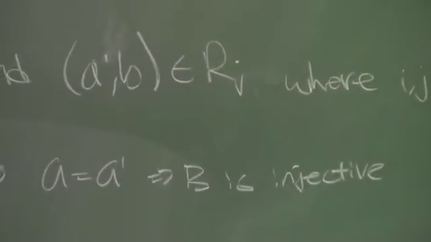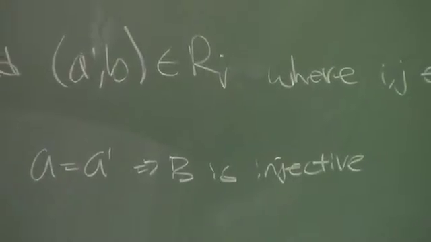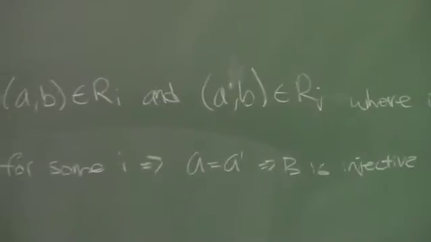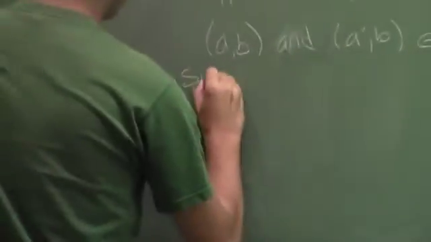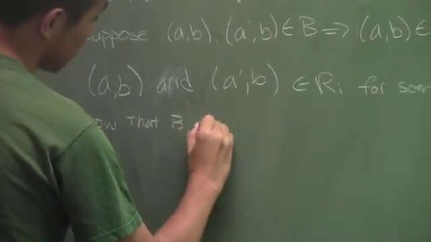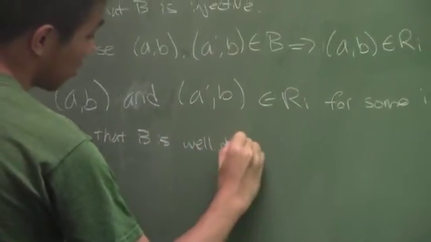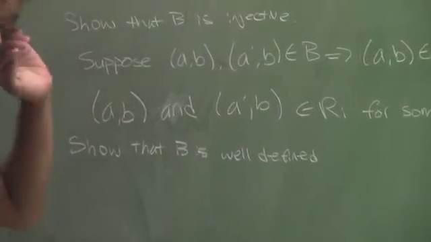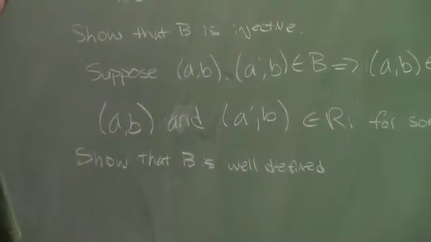So do you want to do the one with well-defined? B is well-defined. What does well-defined mean? All the b's have an a or something? Or the other way, right?